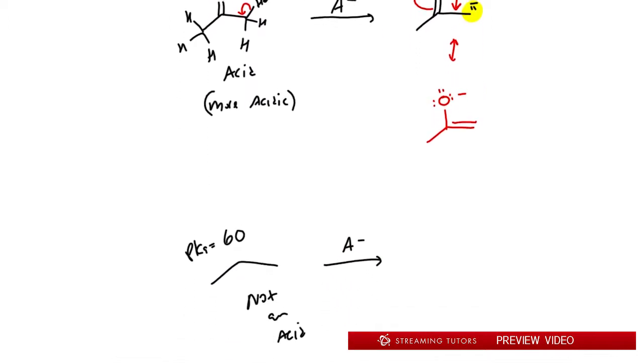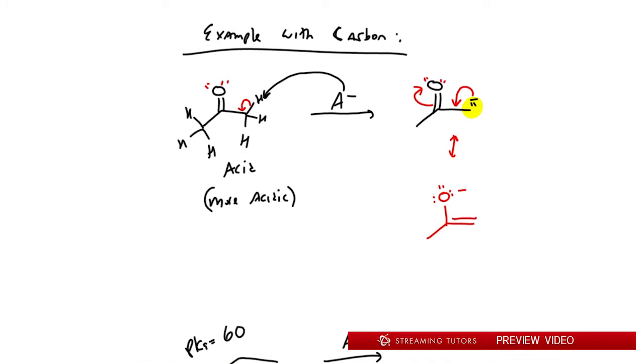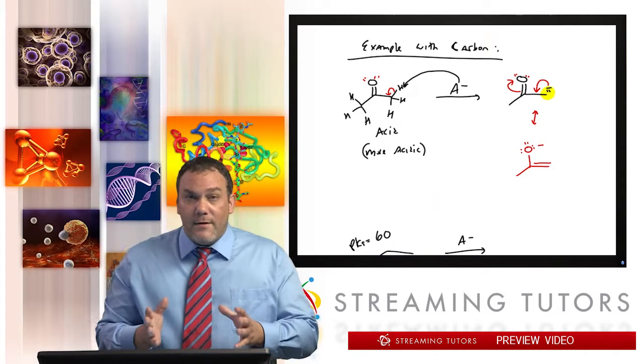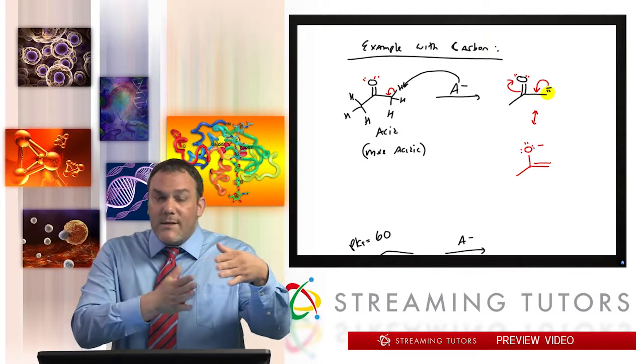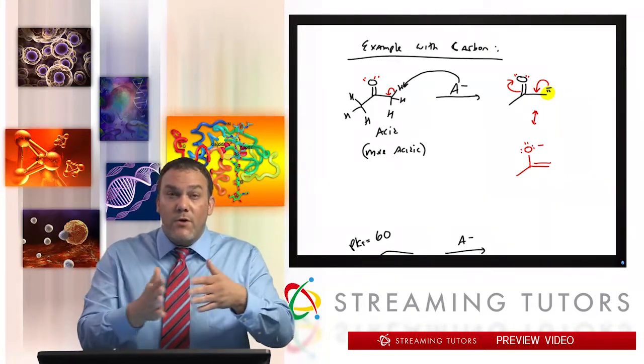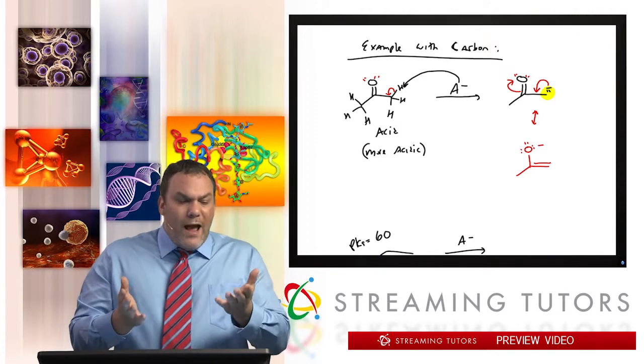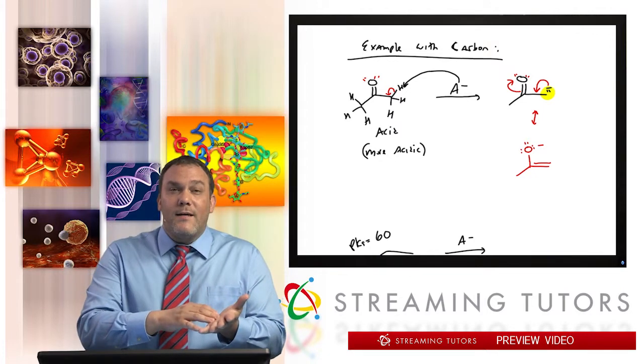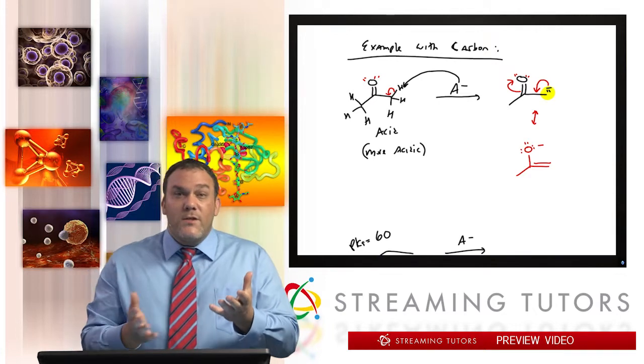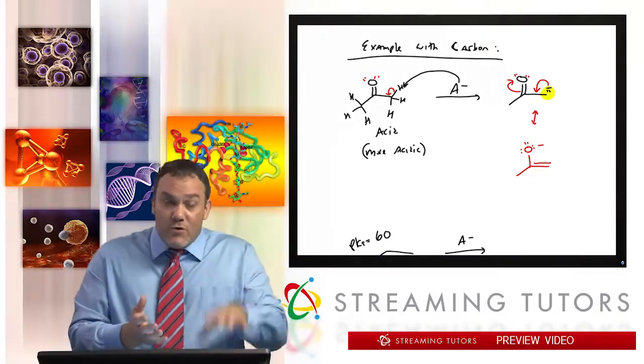Now, I want to point out one other point to you about this idea of resonance. I want you to think about an analogy, because I want you to realize, why is electrons moving around so good? Imagine if, for example, you had something hot in your hand, and you're running across, I don't know, an area where you can't drop it on the ground.